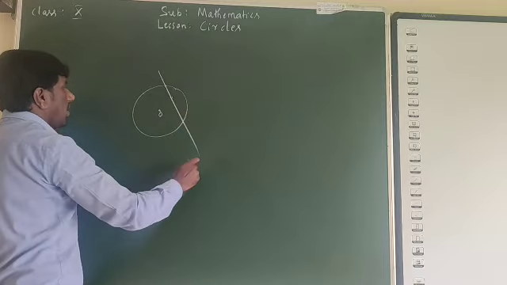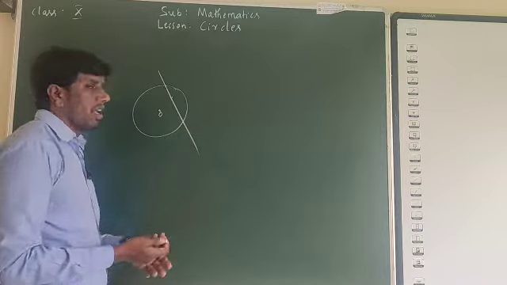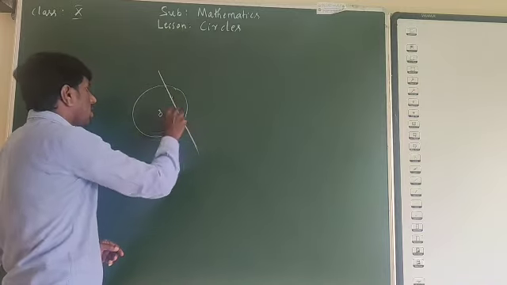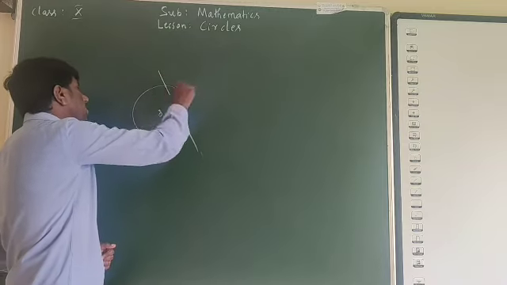Therefore this line will not become a tangent, it will become a secant. So there is no tangent that will pass through a point if the point lies inside the circle.